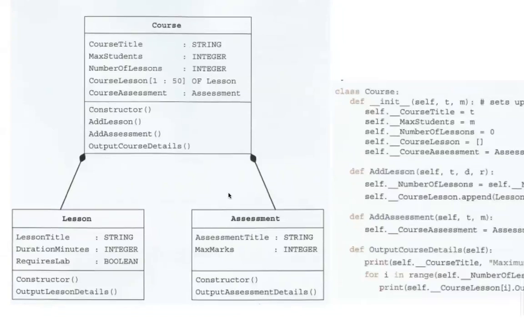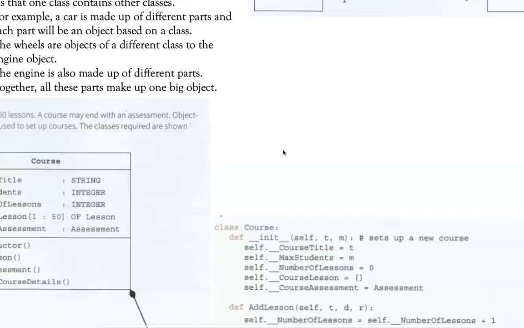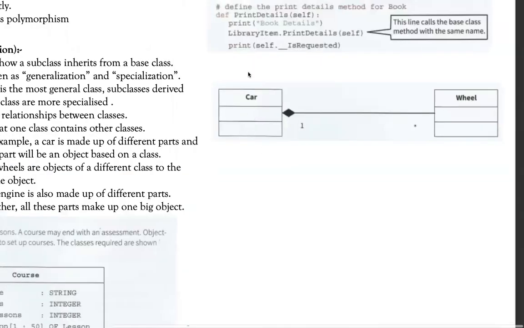One course can have, in this example, I only have one assessment, but I may possibly add an array to add more assessments, so on and so forth. So basically you can say that if I were using the car and wheel analogy, a car is a separate object. It has its own properties. It has its own methods. There is no attribute sharing with wheel and car.